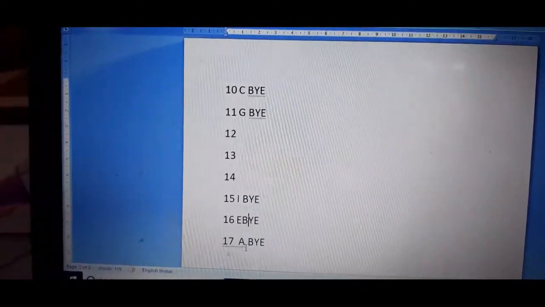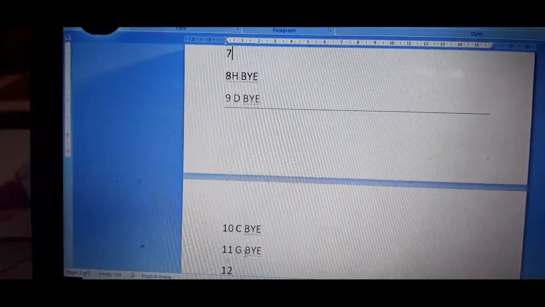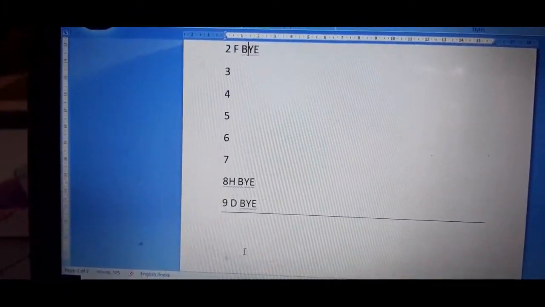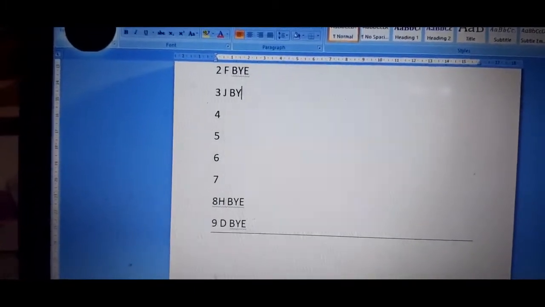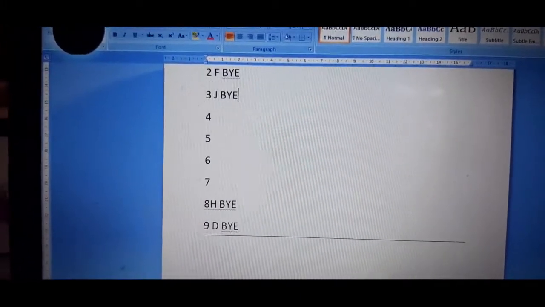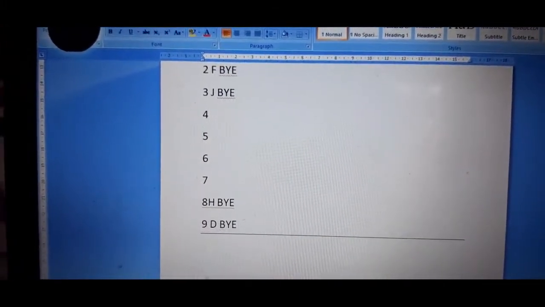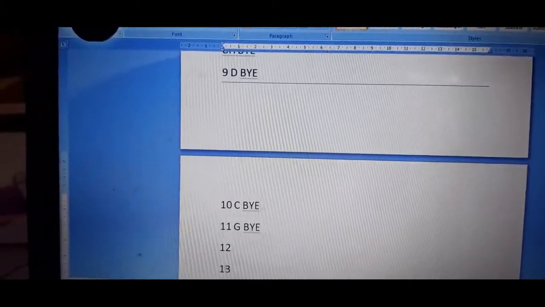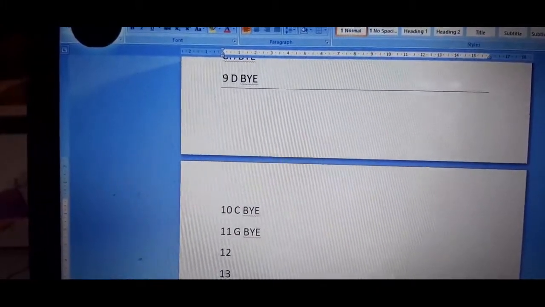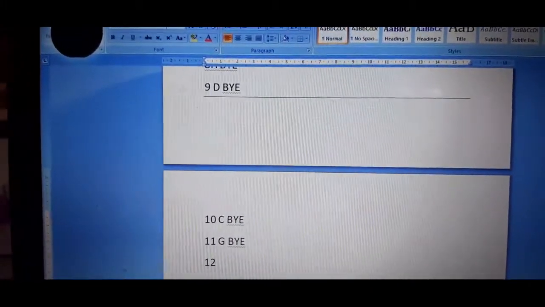So we'll move to the top again, and we'll give a j bye. Now we have to come to the lower half, topmost of the lower half. So here we'll give k.